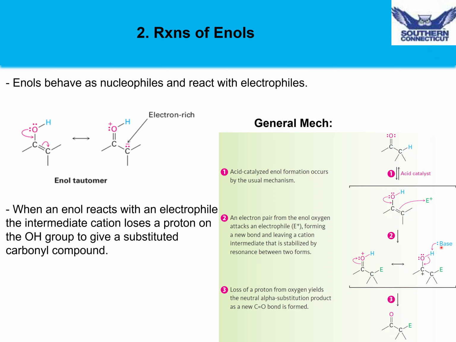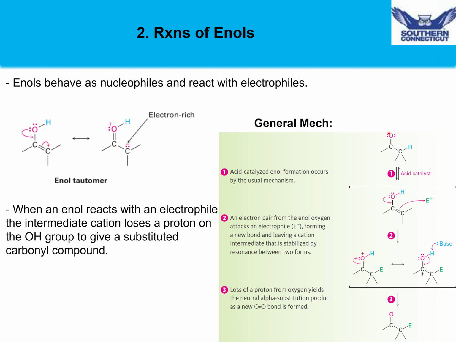And then if base removes this proton, it reforms the carbonyl, and we will go to a ketone product that has a substituent at the alpha position. So overall, this reaction will replace an alpha hydrogen with an electrophile. These types of reactions, which we're going to look at in a moment, are called alpha substitution reactions.